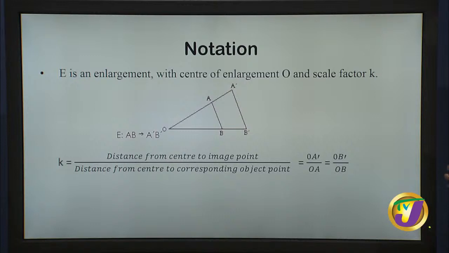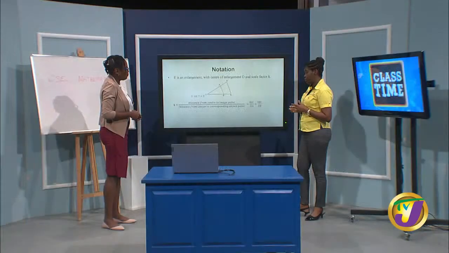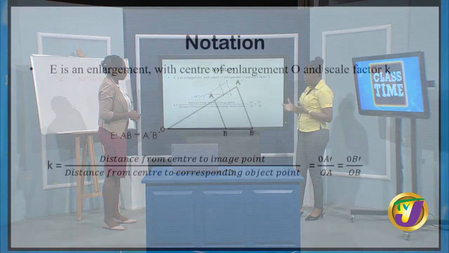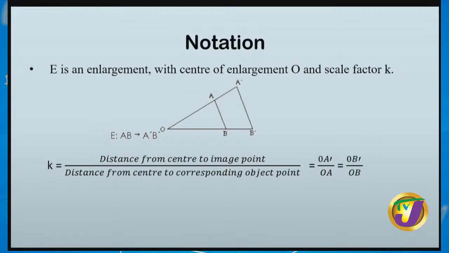All right, so our K, or scale factor. If we're given a situation where we don't know the scale factor, but we need to find it, and we have the image and the object, how do we use these two to determine our scale factor?